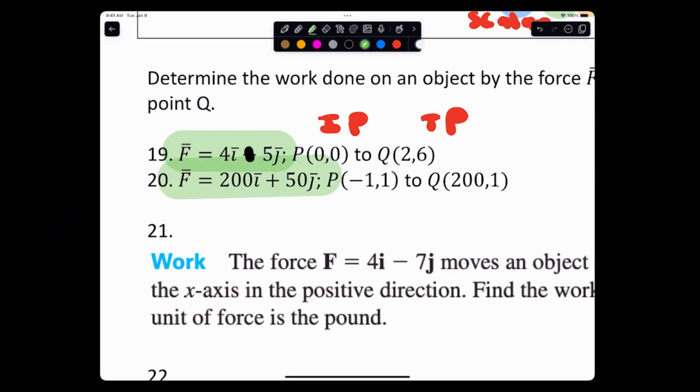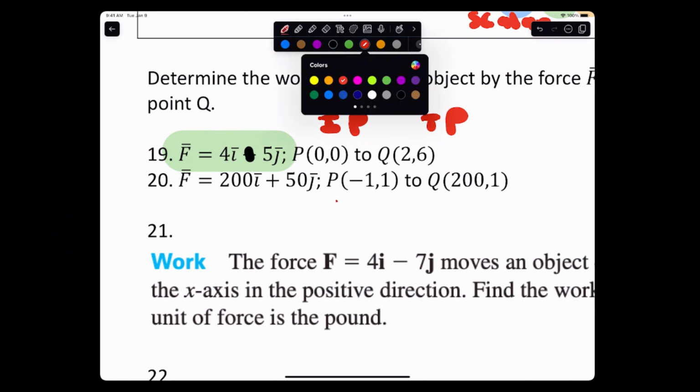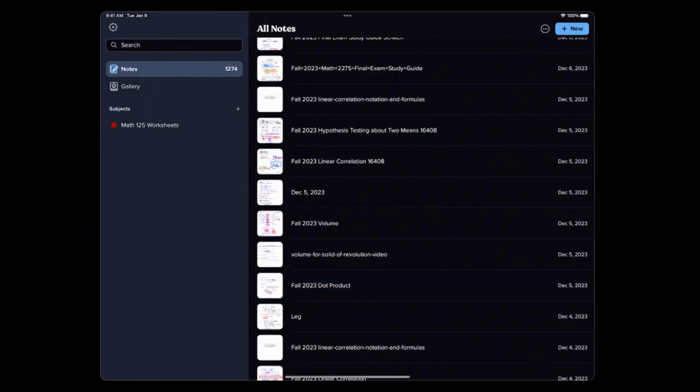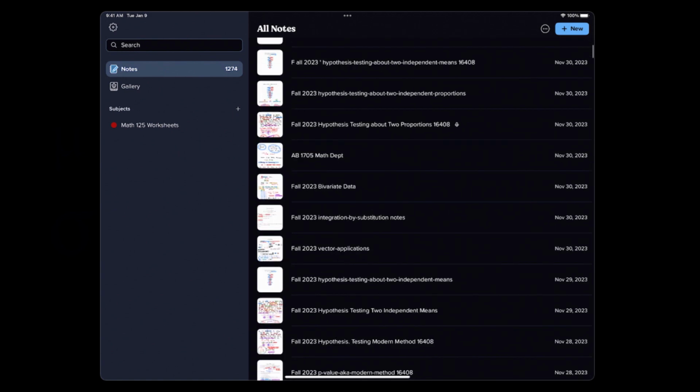Force vector. Now you're going to move the object from this initial point to a terminal point. And it seems to not really like to. Okay, so remember, negative 1, 1 to 201. Negative 1, 1 to 201, and I have to go to my scratch.